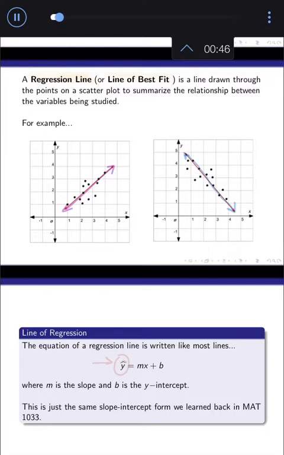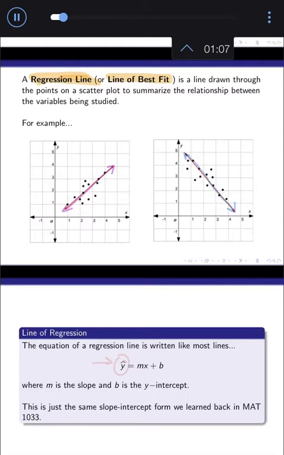So our job in 10.2 is to find the equation of the line that best fits the data. That is called a regression line, or a line of best fit.